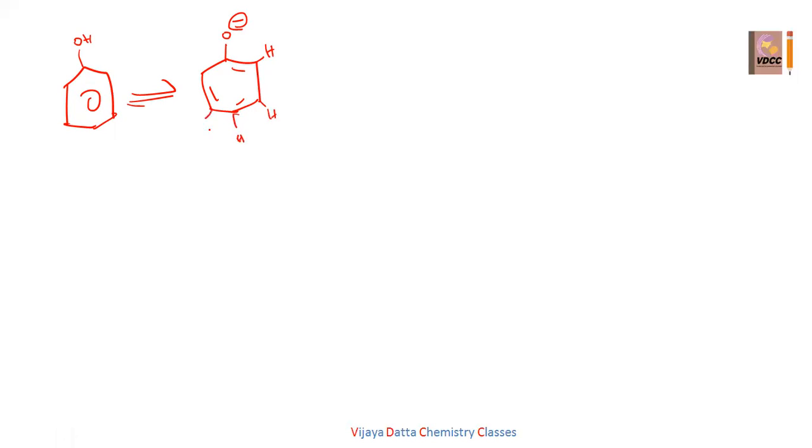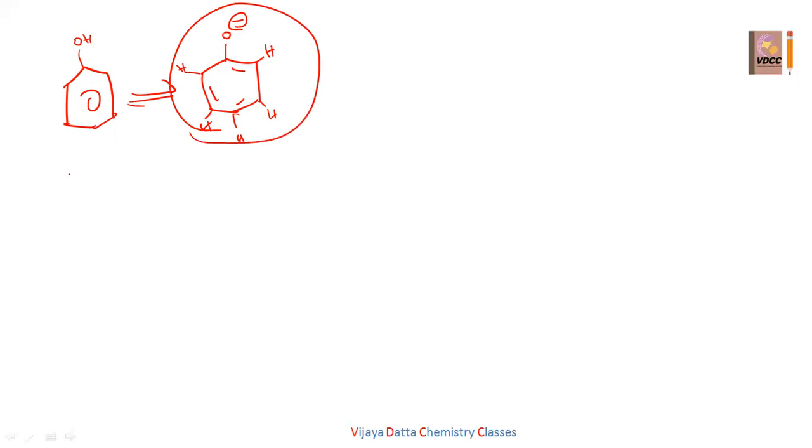Now I am taking the phenol. This is the phenol. Now I'll write the resonating structure, where it converts into the phenoxide ion, O minus. This is the phenoxide ion, and all the hydrogens are also present on it.